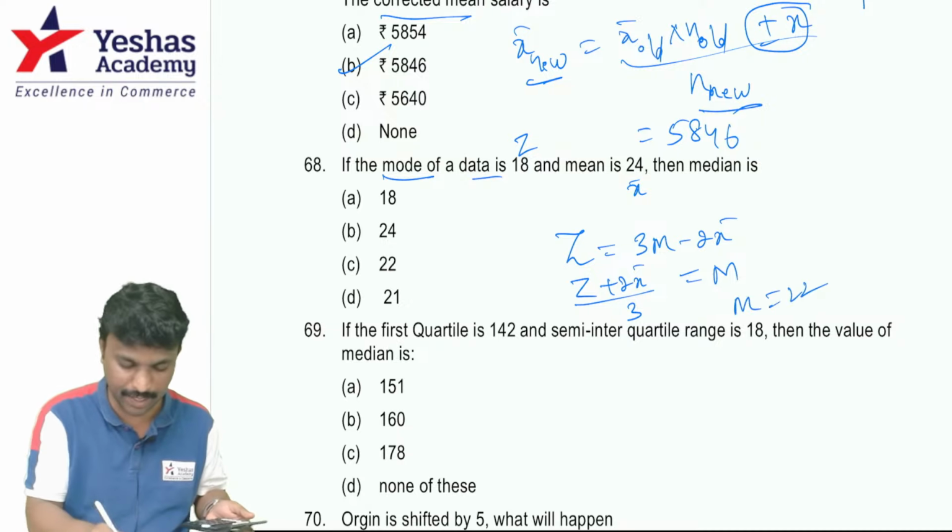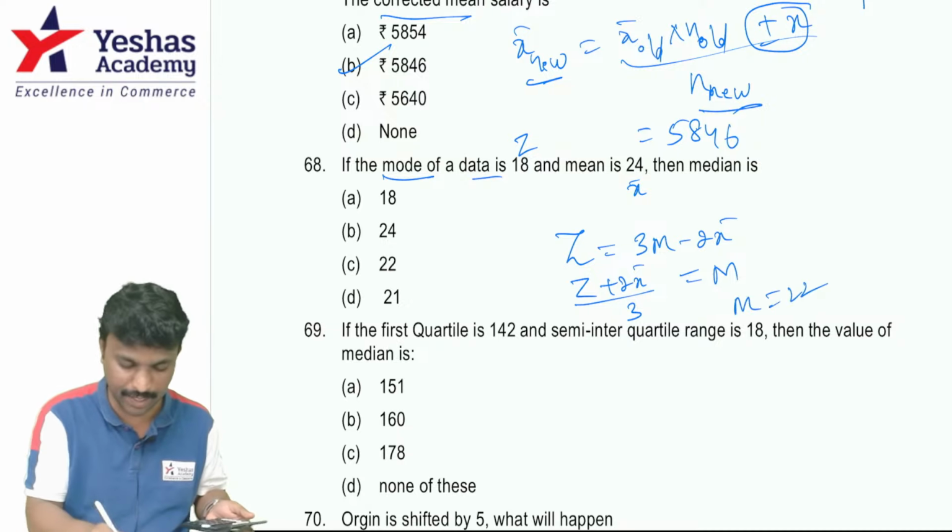When I shift it to the other side it becomes plus. So plus, what is Q1? 142. That fetches you 178. So I can find out Q3 using this quartile deviation formula. Now Q1 plus Q3 divided by 2 is the median. So Q3 I already have in the calculator, 178, plus Q1 which is 142, divided by 2. That gives me the answer for median as 160. Option B is the right answer.